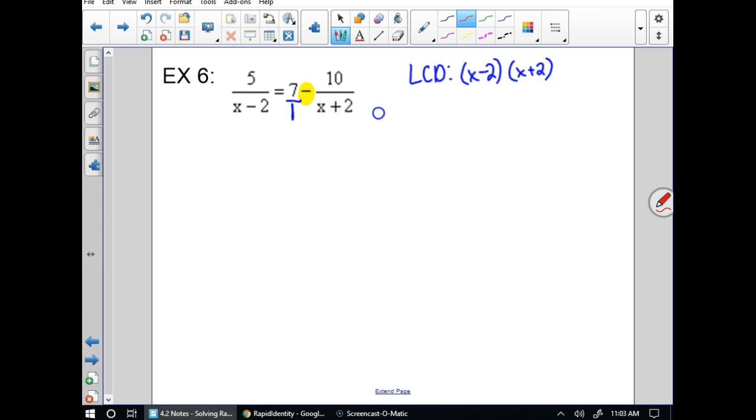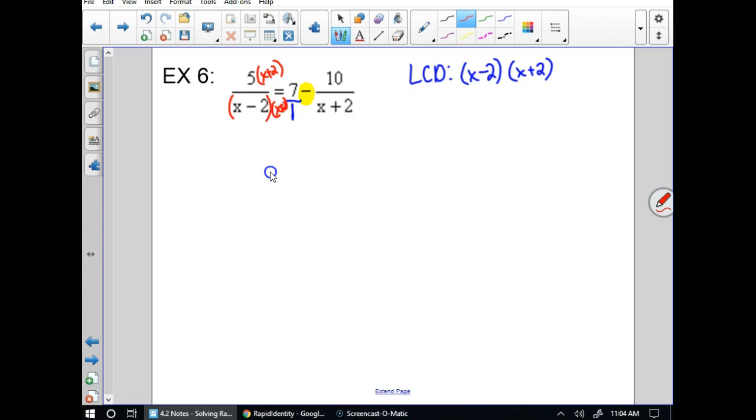So once you get the least common denominator, you're just looking at each fraction and deciding what it needs. So, Jaden, that first one, 5 over x minus 2, what does it need? It needs an x plus 2 in top and bottom. David, the next fraction, the 7 over 1, what does it need? What does it need in the denominator? Right now we've just got that 1 there.